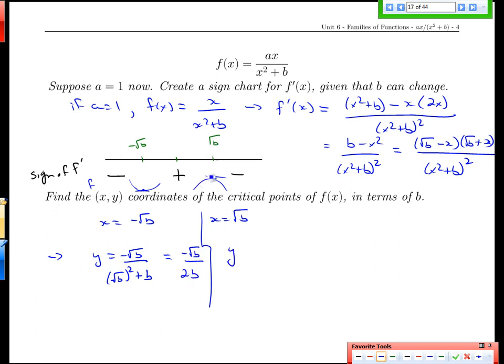Likewise, the critical point at the peak of the function is going to occur at positive root b, so we're subbing root b for x in here, divided by root b squared plus b, that'll be root b over 2. So we've analyzed this scenario with the simplification that a will be 1, and what we found is we're still going to get the same basic up and down shape as we found in the previous graph.